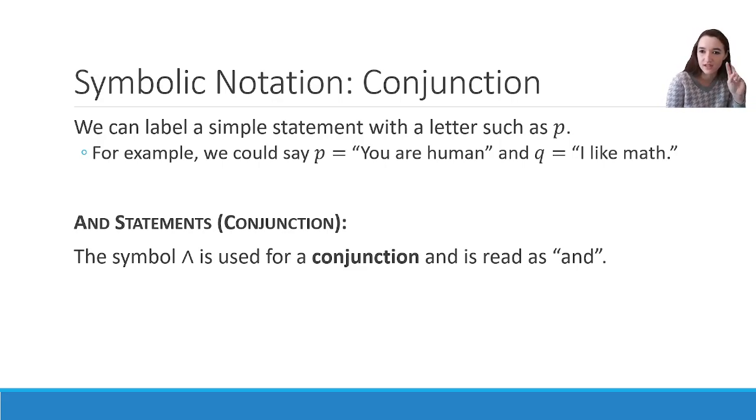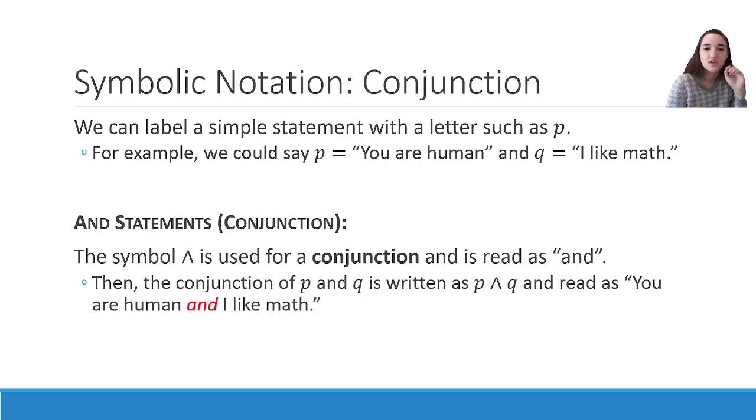Okay, so we have this upside down V that looks kind of like a capital A without the line, just to help us remember that it's and. It is used for conjunction and is read as the word and. So the conjunction of these two statements, P and Q, would be written as P, that upside down V, Q, and read as you are human and I like math.